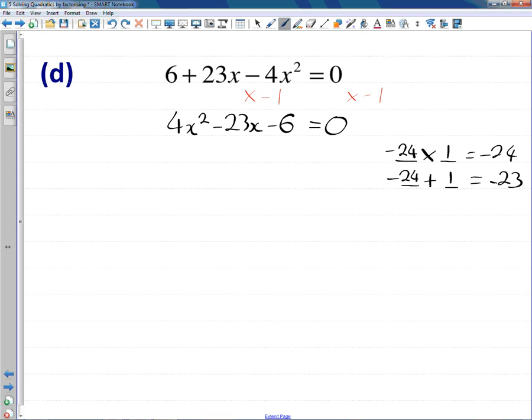So you've got negative 24, add 1, which does give that. So that is telling us how to split up our negative 23x, namely into negative 24x add x. Okay, so it's a rather odd way to capture negative 23x, but it does mean that things factorise nicely.